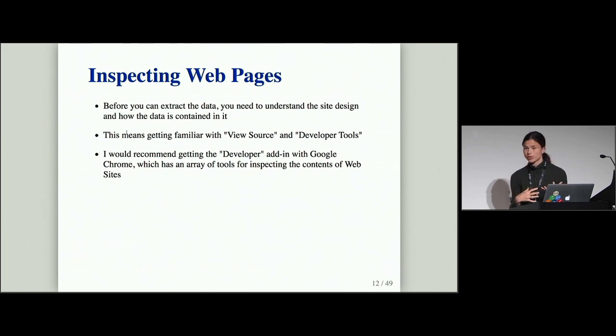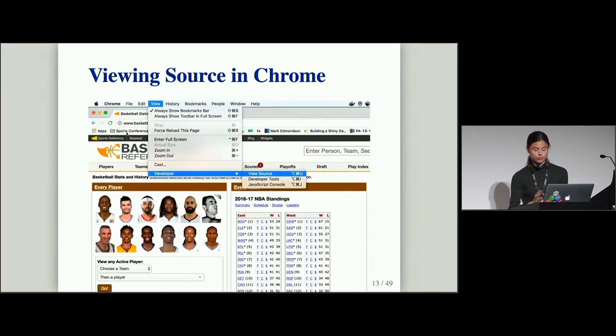You may just have to put in an add-in or plug-in to make those available to you. Essentially, these are things that assist you in looking at the underlying source code and elements of the page, and this will help you to identify the type of data that you're working with.